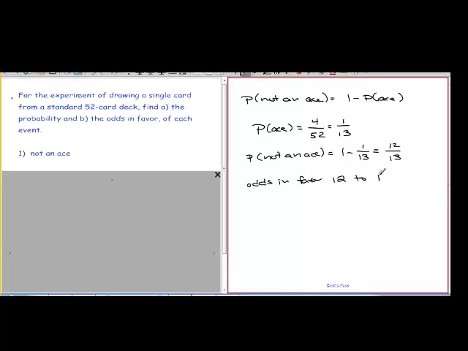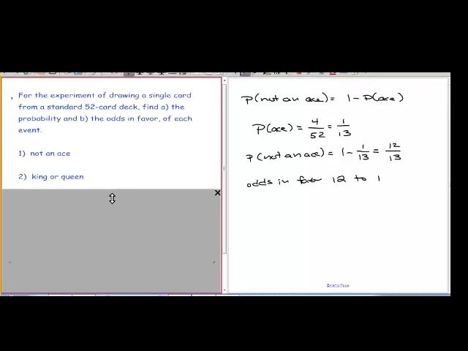So that means if you did this experiment 13 times, over the long run, 12 times you would have not an ace, and 1 time you would have an ace. And whether it's an ace or a jack or a king, you'd have the same calculation.